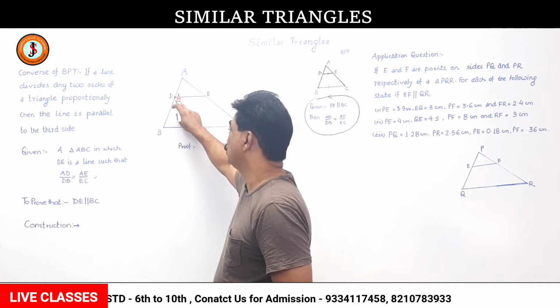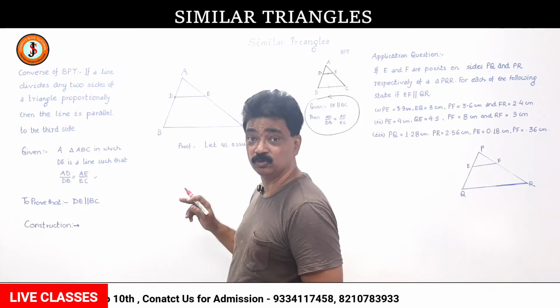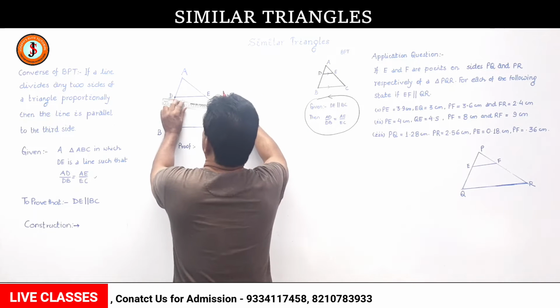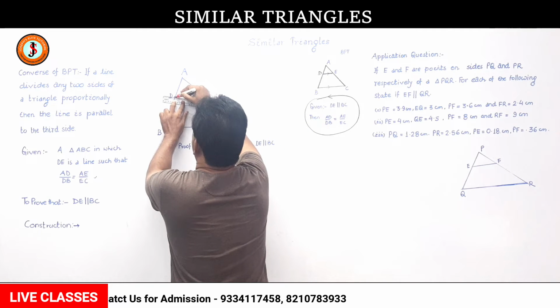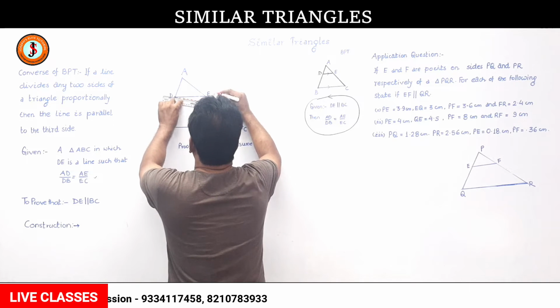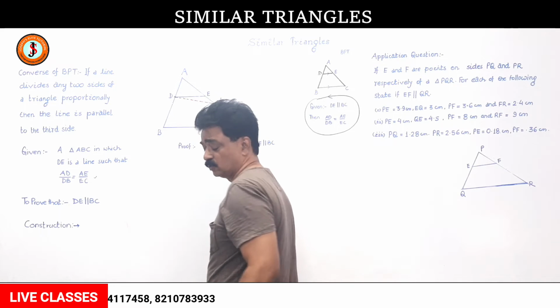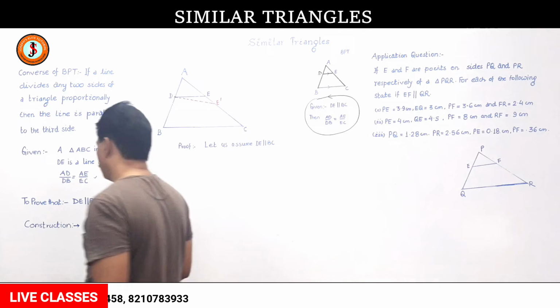So, if DE is not parallel, then there has to be one line through D which is parallel to BC. I will make a construction. Let DE dash be that line. So, in construction also I will add it over here.